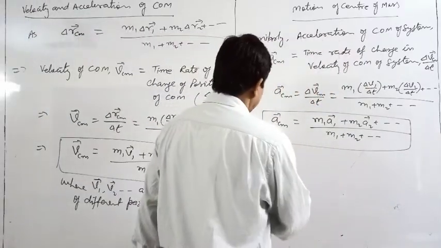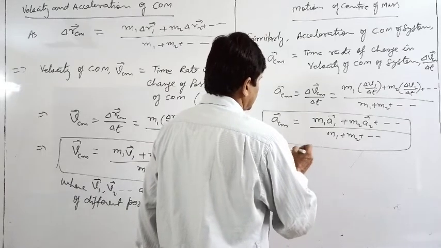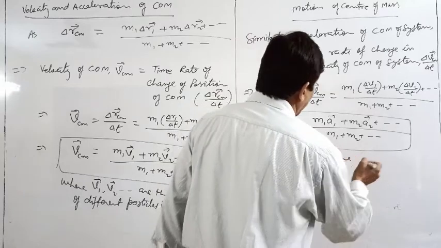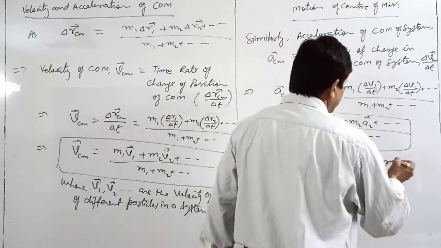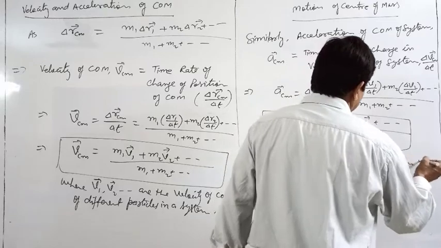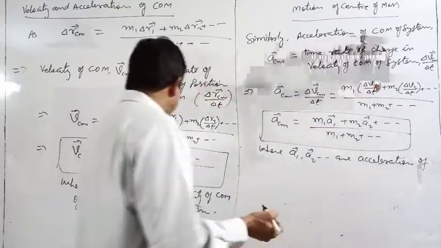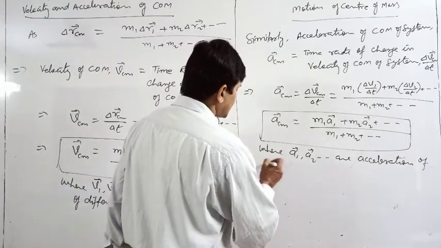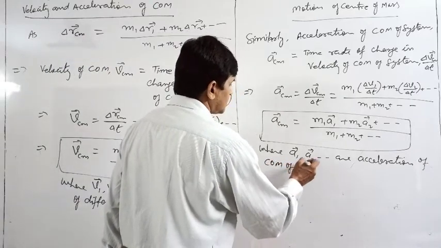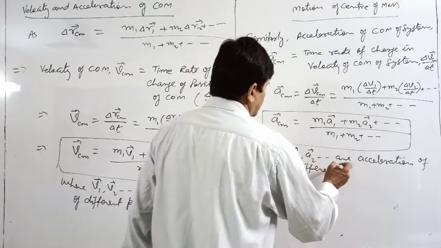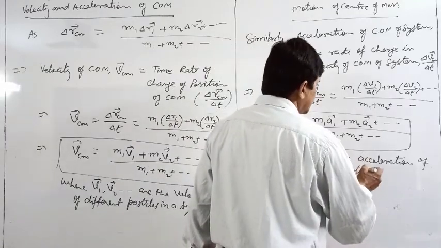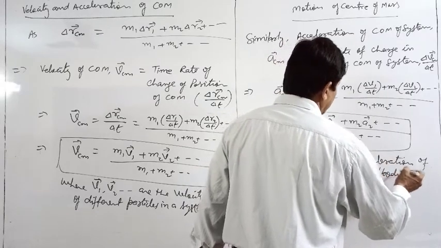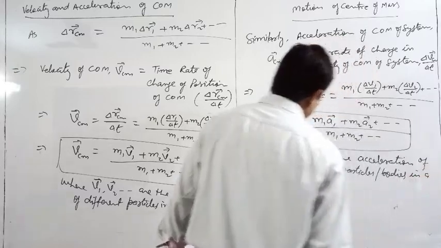Now where A1, A2 are the accelerations of different bodies in a system.